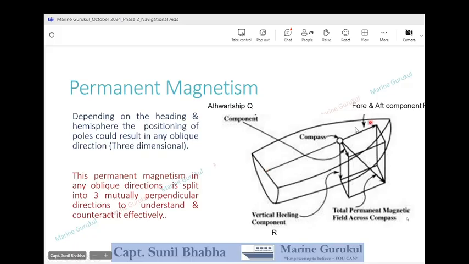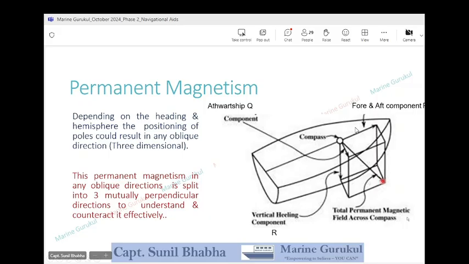We have this ship here, and the permanent magnetism is represented by this oblique slanting vector. One of the poles is on the deck towards the port quarter, and the other pole is at the keel towards the starboard bow. So this vector represents the permanent magnetism of the ship.